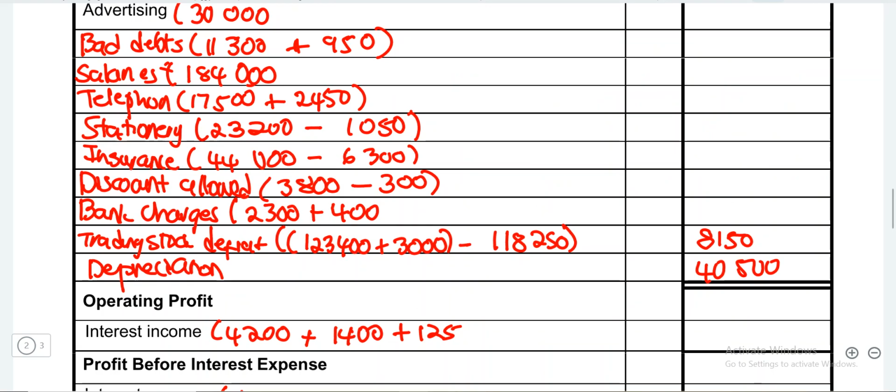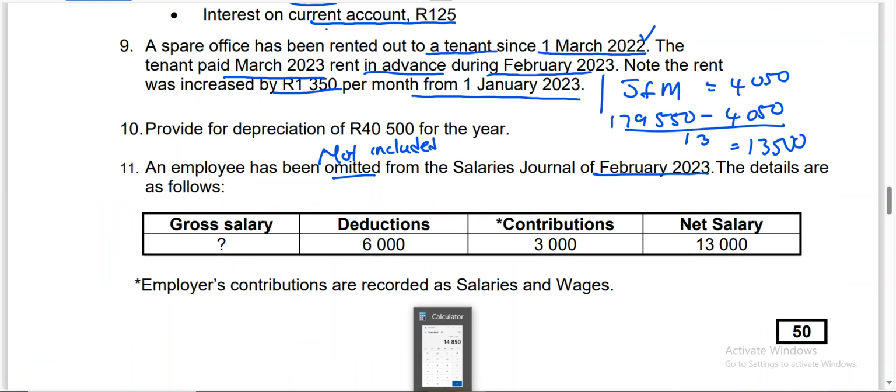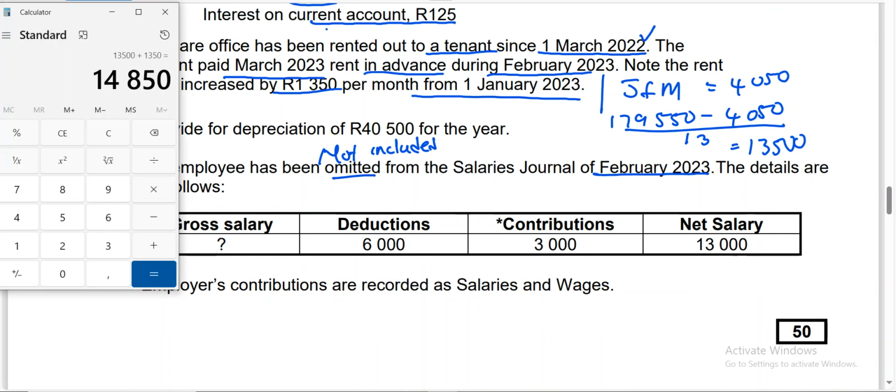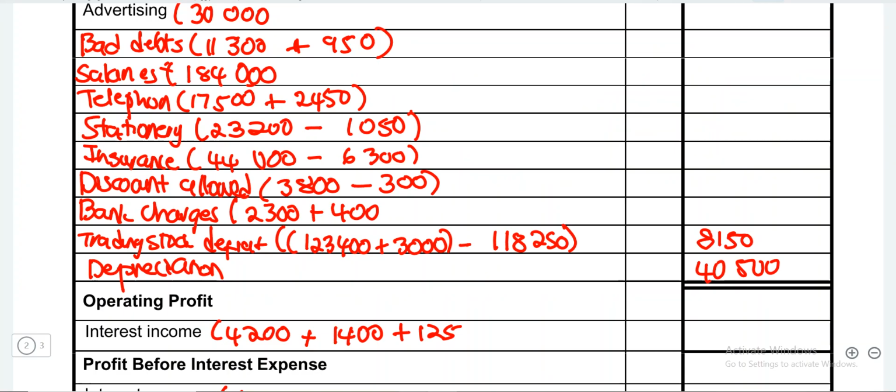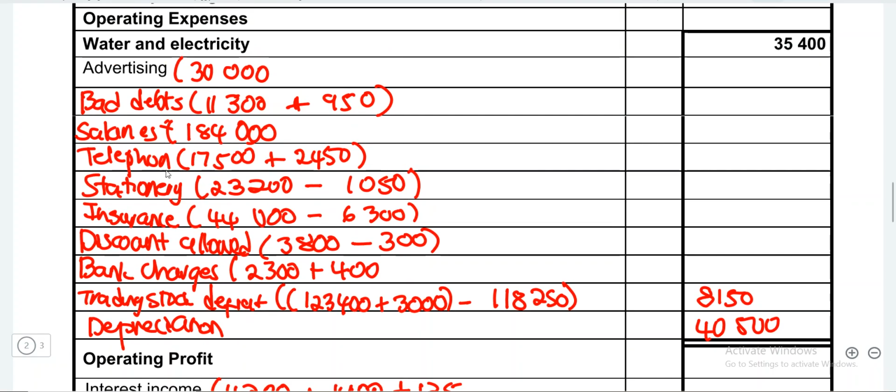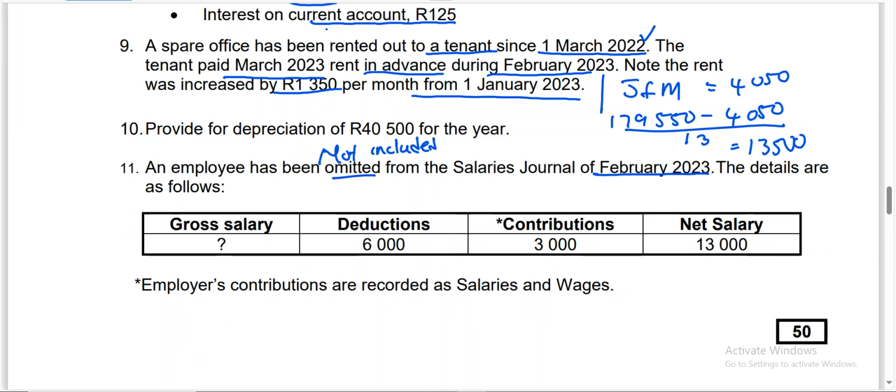So if you say 13,000 plus 6,000 of the deductions, it's going to give you 19,000. This 19,000 is our gross salary. So on salaries we will say plus 19,000, and we would also say plus for the contribution, so that we can understand how much the contributions are.